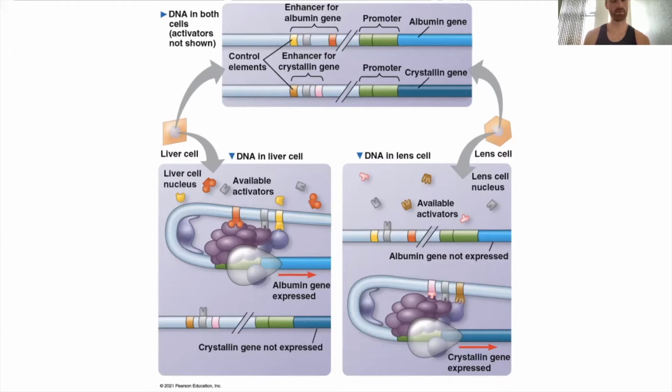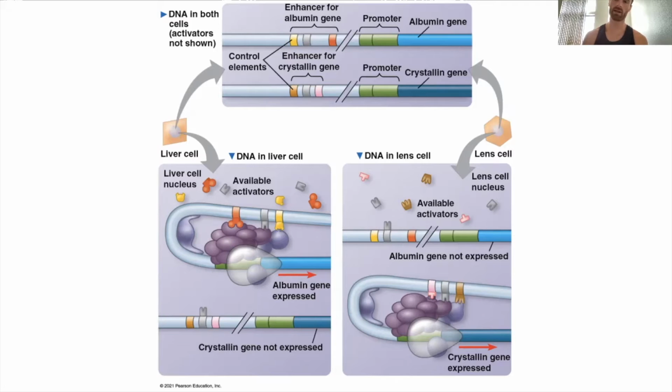And then you look at the lens cell, it has different activators. Because these activators don't recognize the albumin gene, they're different. These are the activators that recognize the albumin gene. If you have these present, then you're going to see expression of this gene. You're going to have albumin produced. So it's all dependent on which transcription factors are available.